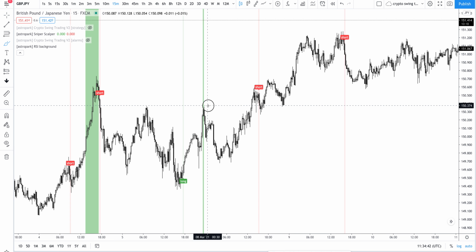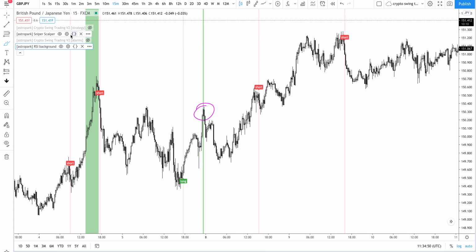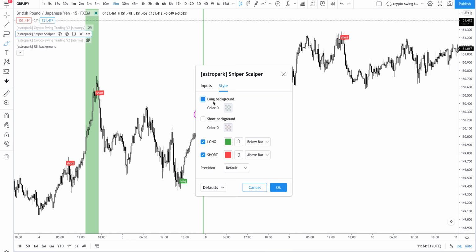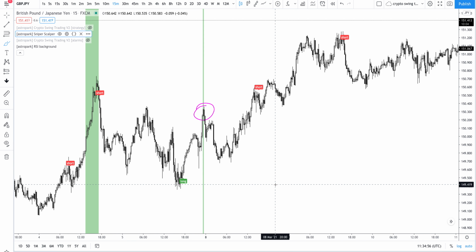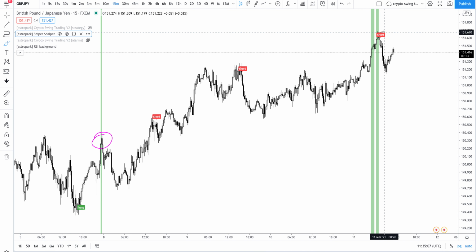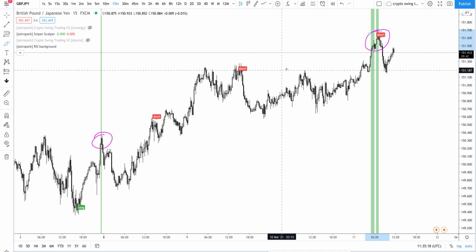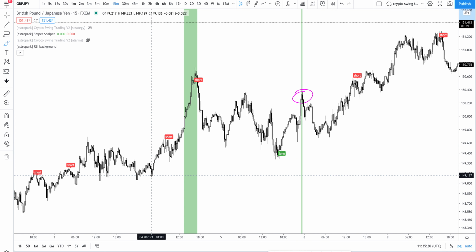It's saying it's really overbought. Let's disable the background here, so we have only the background from the RSI background indicator. So if you went long here, you take profit here. And also here you have a nice confluence, because the short was in a range where we were overbought. So a nice confluence that you can play.